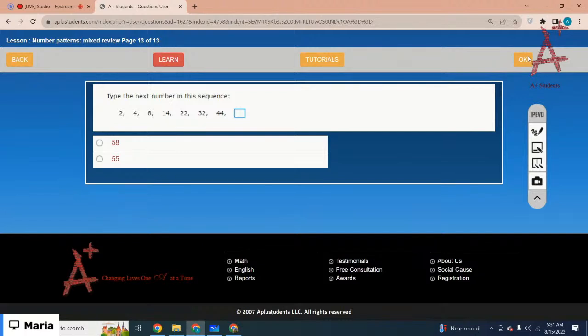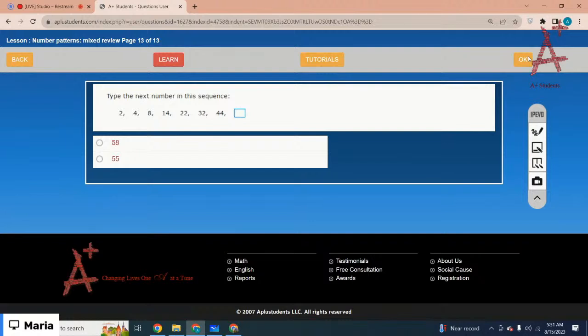Type the missing number in the sequence. Which is the correct option? The pattern is the numbers are going up by twos. 2 plus 2 is 4. 4 plus 4 is 8. 8 plus 6 is 14. 14 plus 8 is 22. 22 plus 10 is 32. 32 plus 12 is 44.